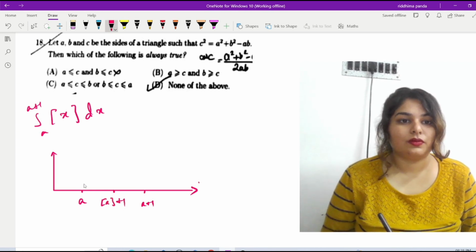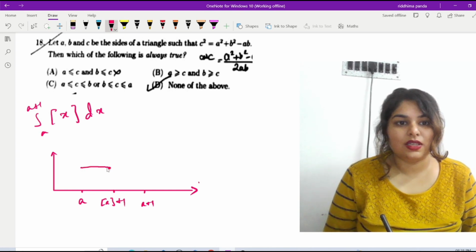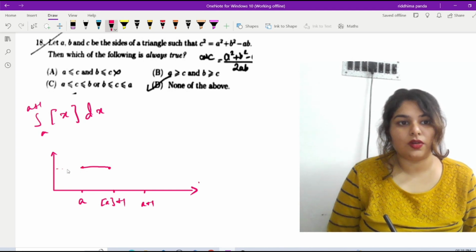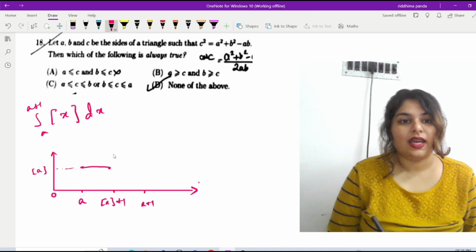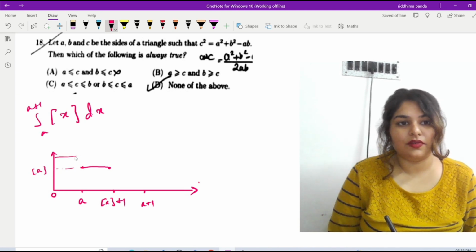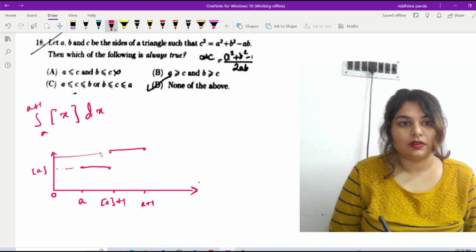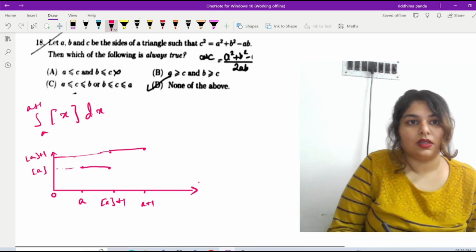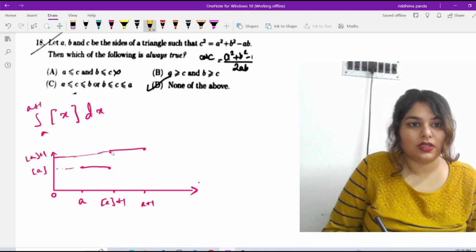There is a value corresponding to a, and another for a plus 1.